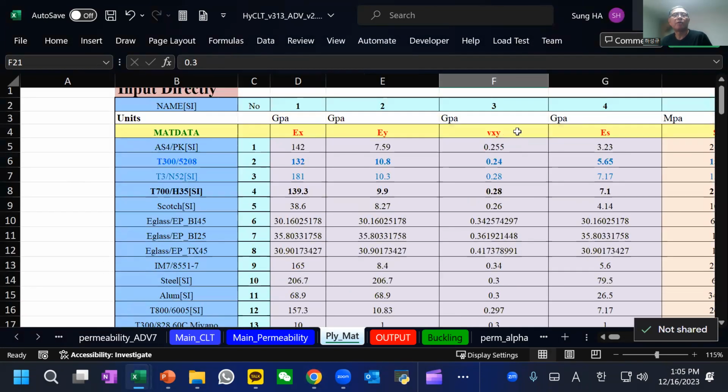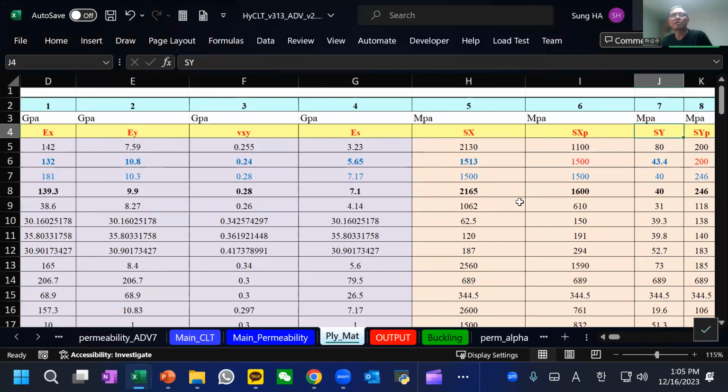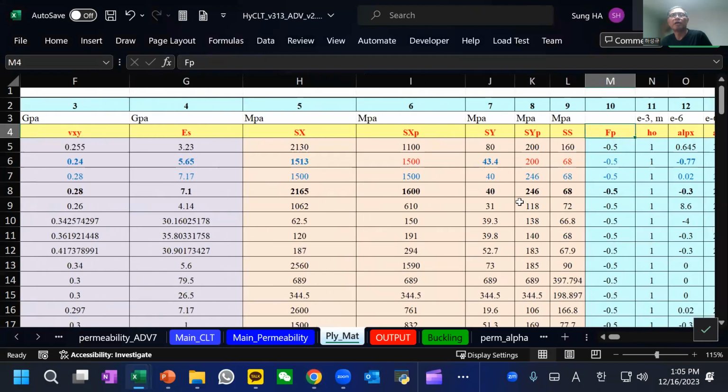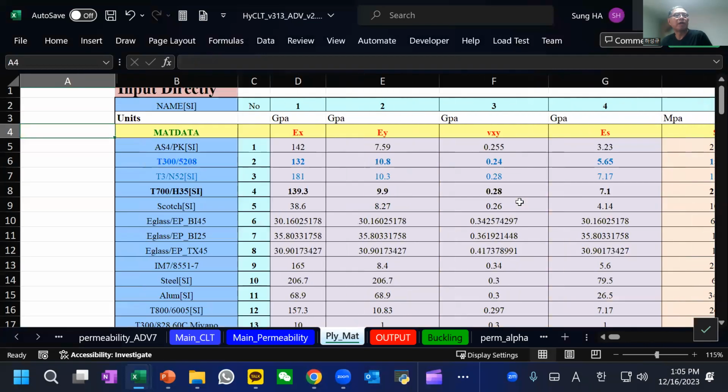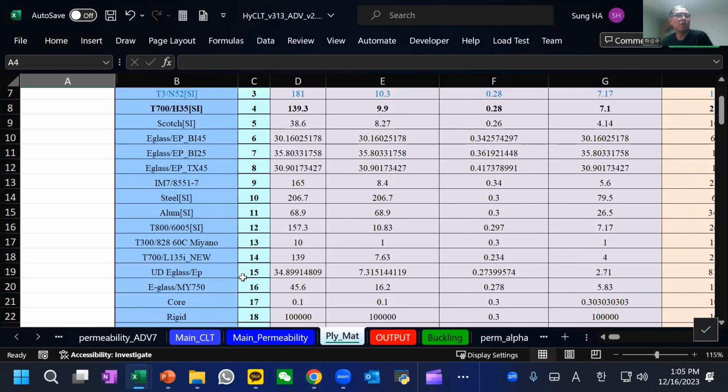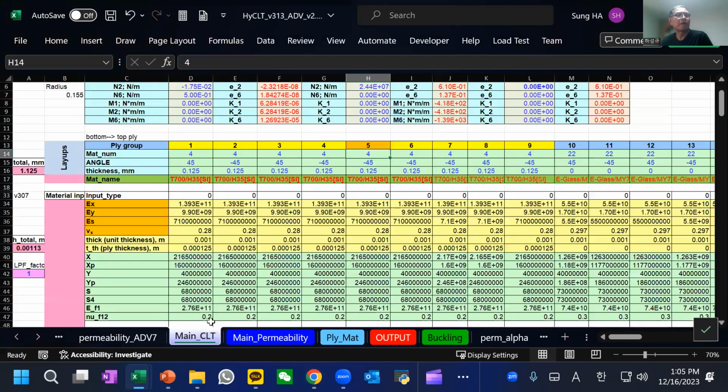And also, Poisson's ratio is still a regular one, and strength is also not so important, etc. So anyhow, we choose the core 17, and here we choose 17, and then the thickness.